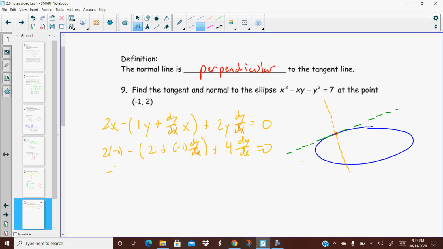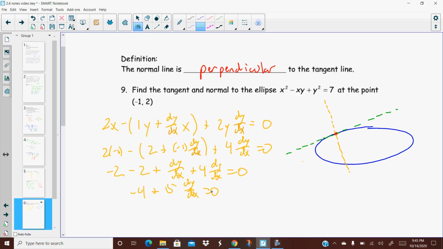So this is going to be -2. I'm going to distribute the minus, so we're going to get -2 plus dy over dx plus 4 dy over dx equals 0. Combining like terms, I'm going to get -4. I've got 1 dy dx plus 4 more dy dx's, so really I have 5 of them.